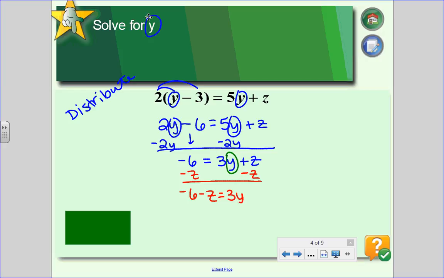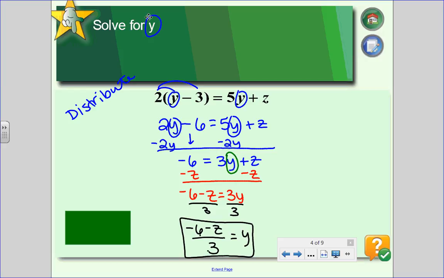And then we will divide both sides by 3, leaving us with negative 6 minus z, all divided by 3, equal to y.